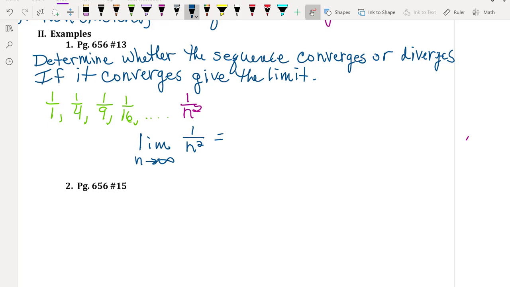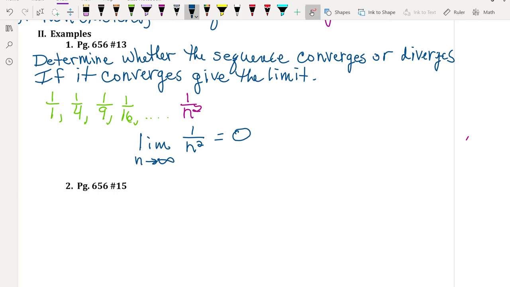What we have is a number that's getting larger and larger quickly because we're squaring it, and we have 1 over it. So if you take a look at the value of the function, like 1 over 6 compared to 1 over 10 billion, that's going to be such a tiny number, it's going to approach 0. And we can also use our rational expression limits. So we have an exponent in the denominator, which is larger than 1 in the numerator.